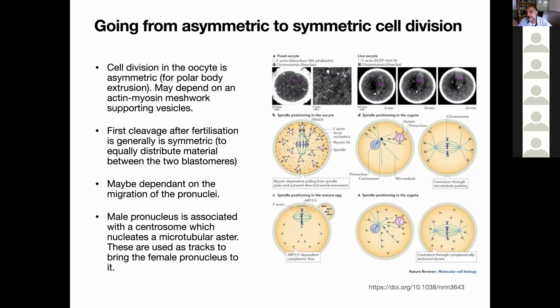The aster is this star shape of microtubules that emanate from the male pronucleus, and these asters are used as tracks to bring the maternal pronucleus closer to the male pronucleus, so that then the chromosomes can fuse. Okay. Any questions here? Good.